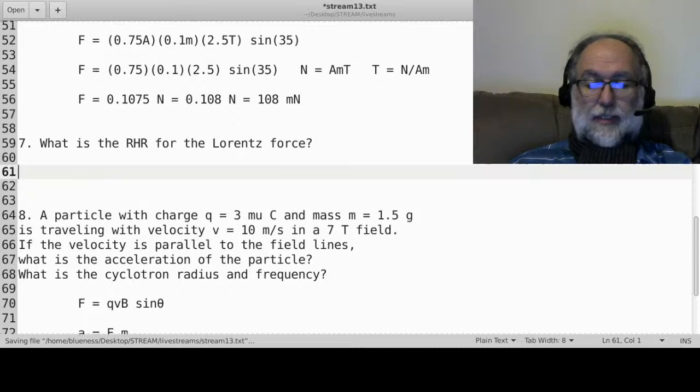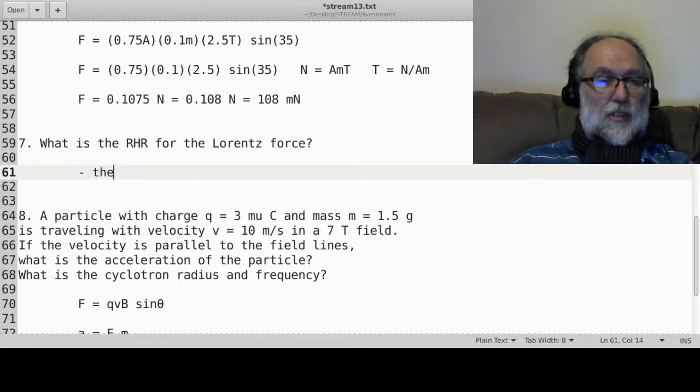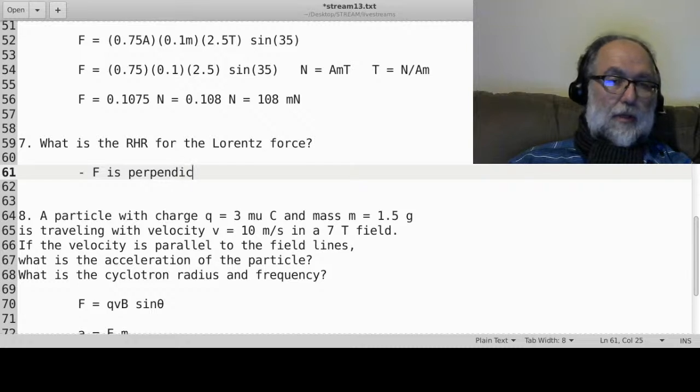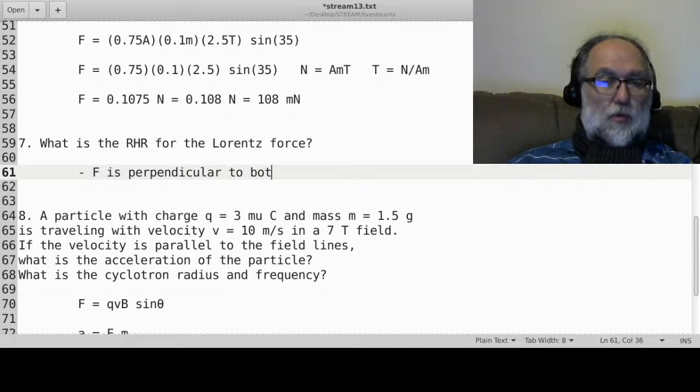So the first thing you realize is that the force, let's just say F, is perpendicular to both V and B, okay? So this is probably the most important part of it, because it tells you one of two directions, okay?